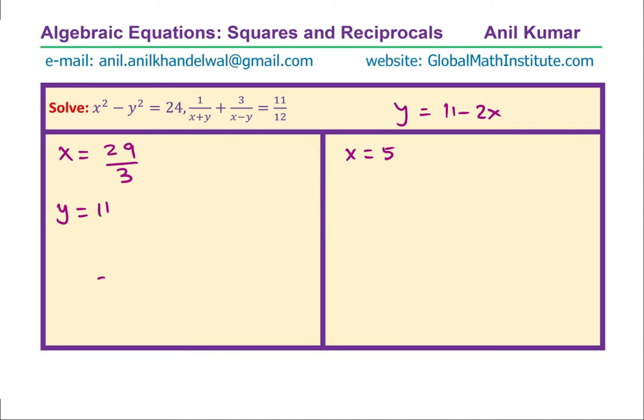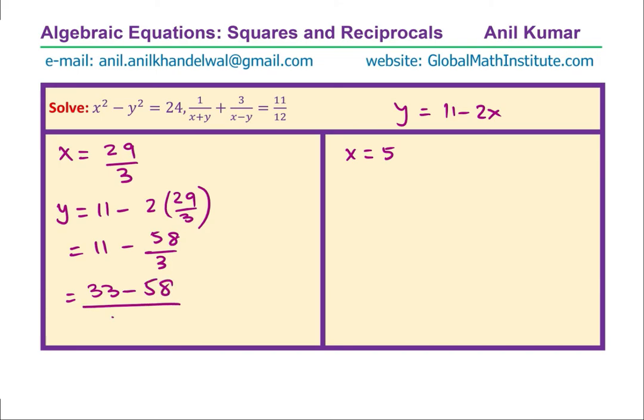So y is 11 minus 2 times 29/3, which is 11 minus 58/3, and that is 11 times 3, 33 minus 58/3, and that gives you the y value as minus 25/3. In the second case, the y value will be equal to 11 minus 2 times 5, which is 11 minus 10, which is 1.